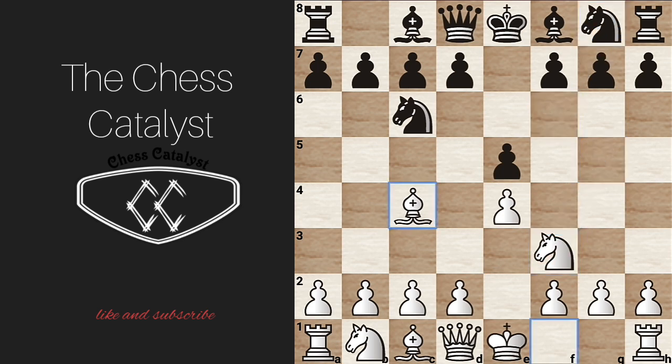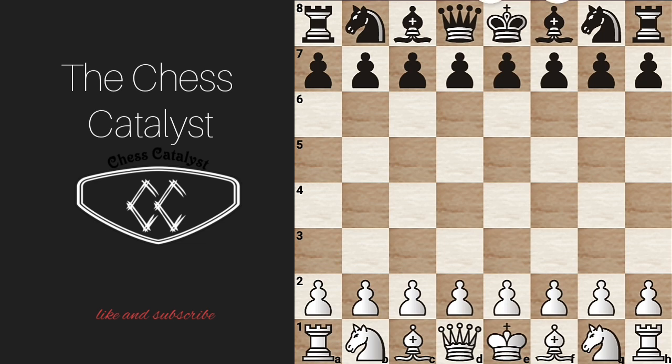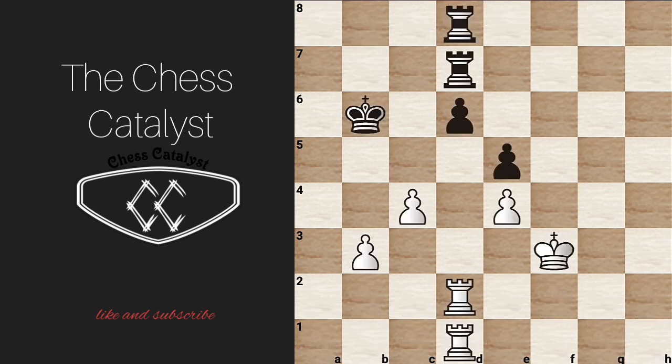I'm going to show you a weakness in an endgame. This is a quick position in the endgame. So I first of all would like you to identify the weaknesses for both sides. You can pause the video and try to identify the weaknesses for both sides.